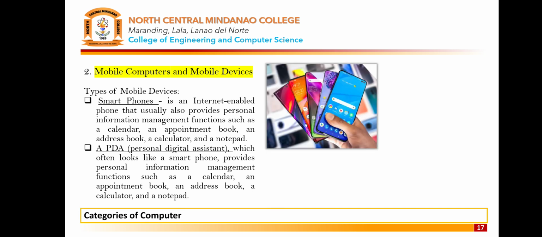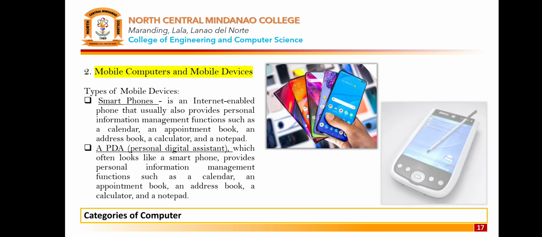When you say smartphones, this is an internet-enabled phone that usually also provides personal information management functions such as a calendar, an appointment book, an address book, calculator, and notepad. Actually, mas daghan pa na. If you have a smartphone with you, kabalo mo unsay function ana niya, and this is actually an internet-enabled phone. Pwede siya makakonek sa internet.